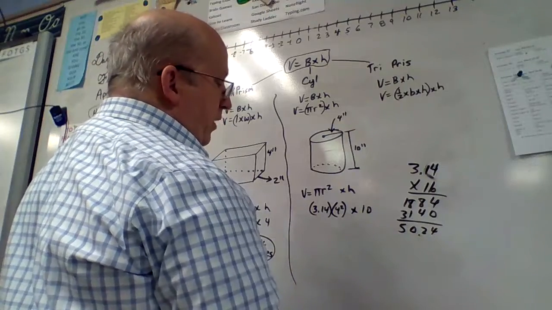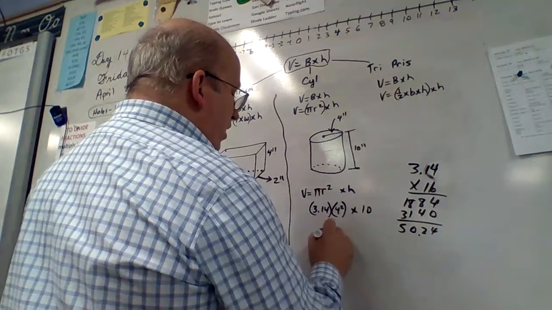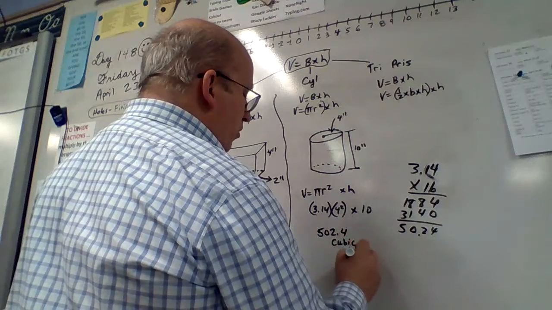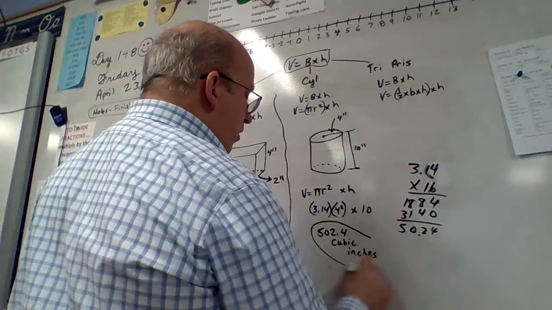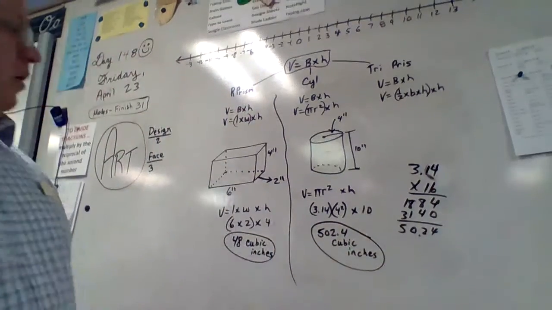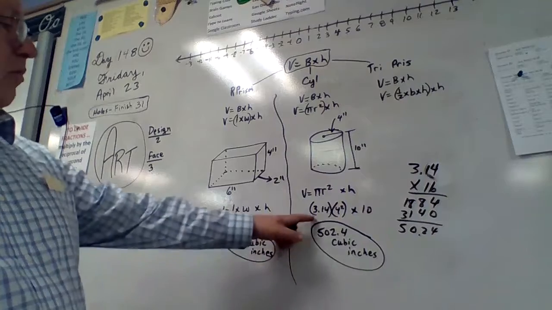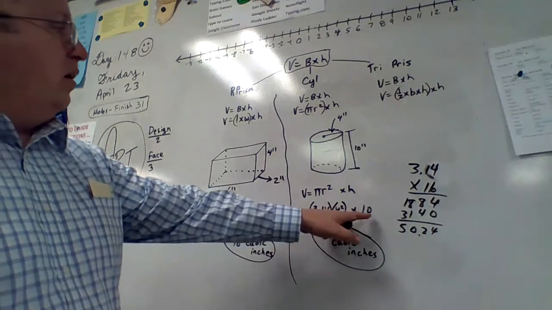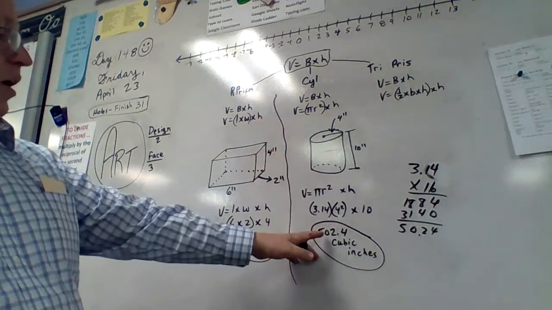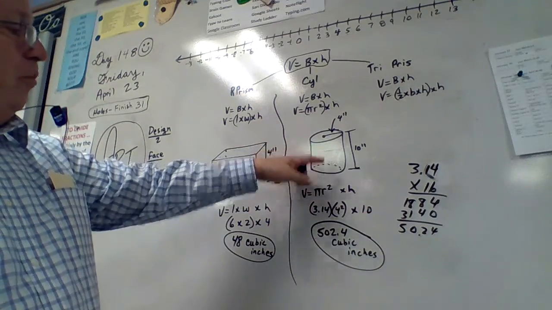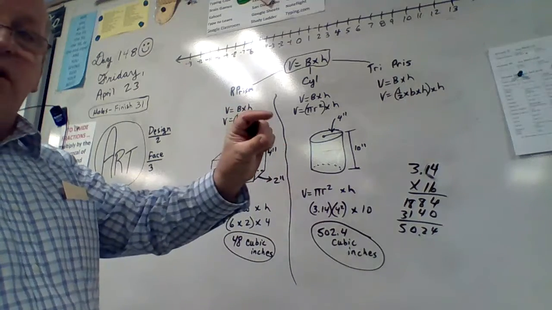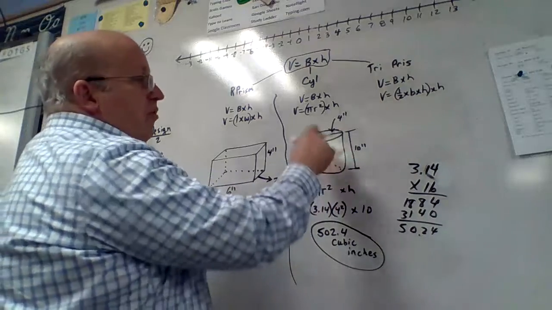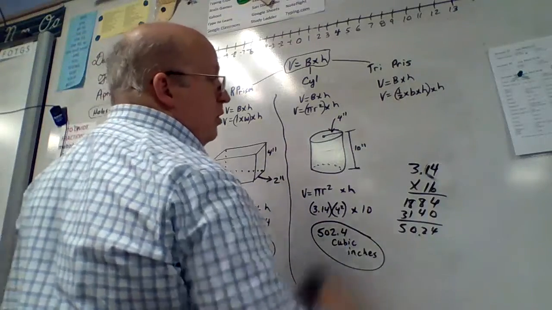I'm going to multiply that by 10, and when I do that, I get 502.4, and that would be cubic inches in this particular case. 502.4 cubic inches. 3.14 times the 16, 4 squared is 16, times 10. In other words, I could fit 500 cubic inches, 500 cubes that are about yay big inside of that shape, if it truly was 10 inches high and had a radius of 4.